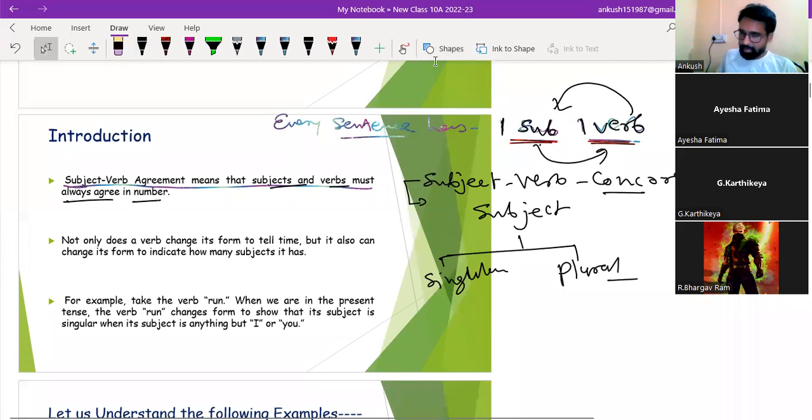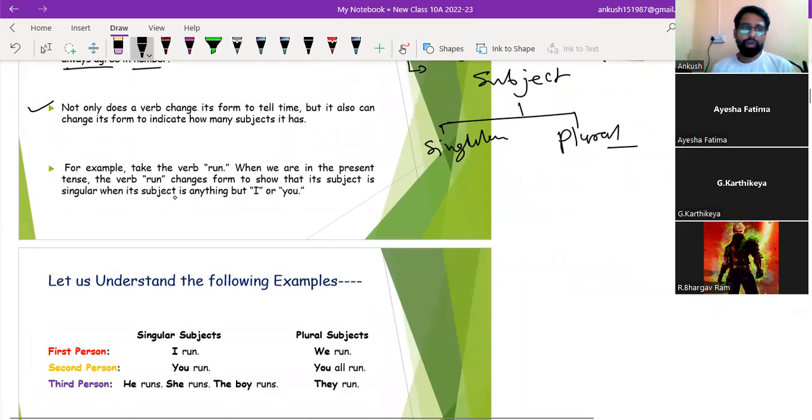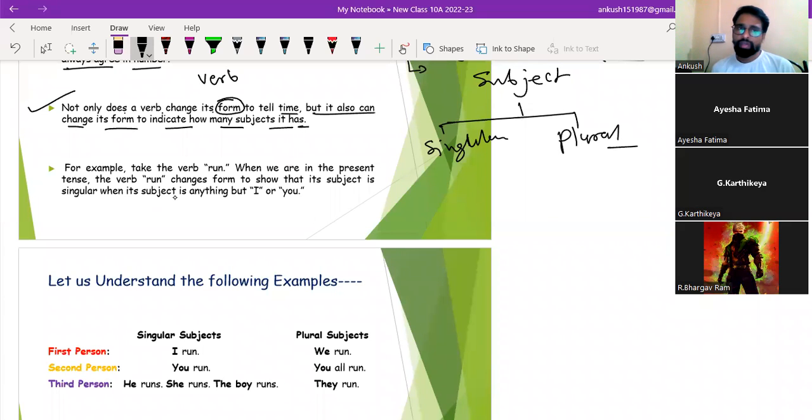Okay, so let us understand. Now the second point of subject verb concord: not only does a verb change its form to tell time, but it can also change its form to indicate how many subjects it has. Generally the verb forms are used to tell the tense.